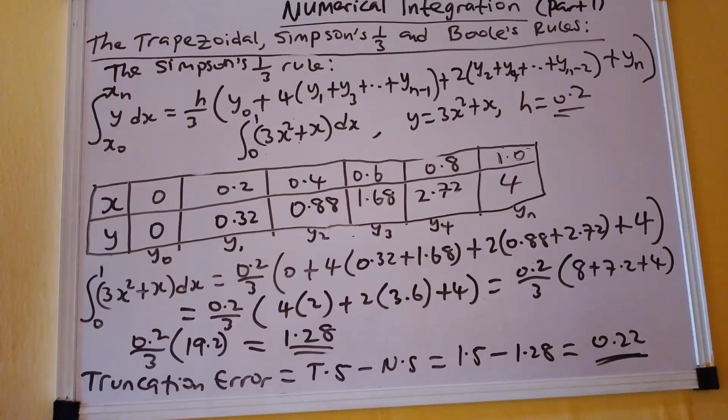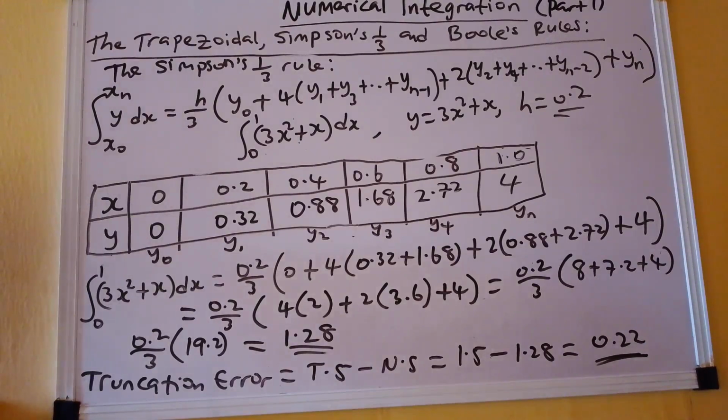So this is how you use the trapezoidal rule and the Simpson's 1/3 rule to solve this problem. Note, if f of x is not known explicitly and the table of values is given, of course you can apply the formula.